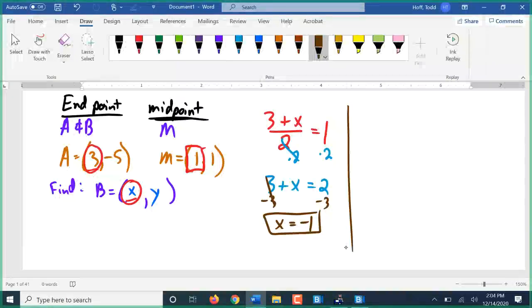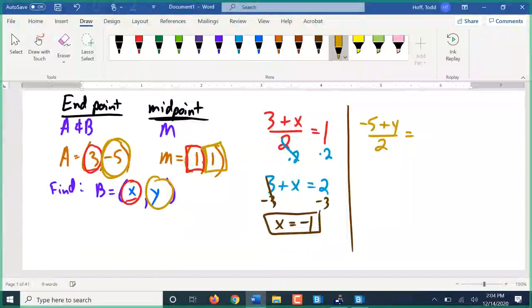And I can do the same for my y coordinates. I have -5 and y are my y coordinates of the endpoints. So I know -5 plus y divided by 2 equals the y coordinate of the midpoint, which is just 1. Again, I can solve that. I can multiply by 2.